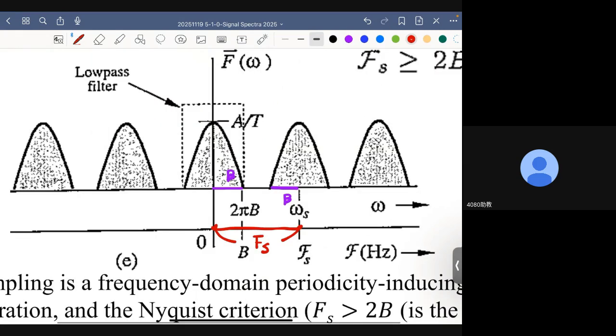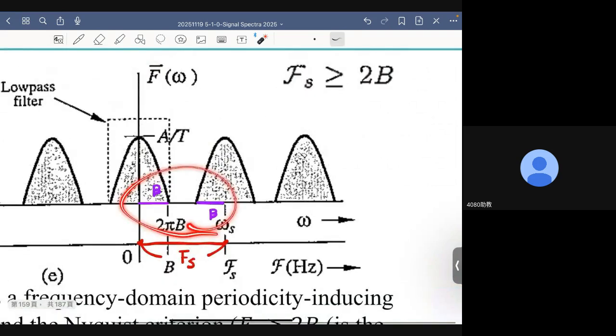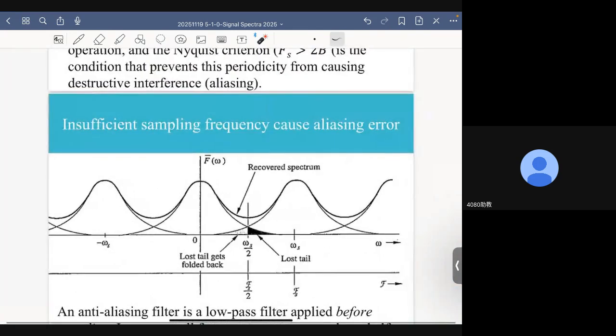Now, in order to prevent this overlap, fs has to be larger than 2B, which is the sum of this line segment and this line segment. So fs has to be larger than 2B in order to prevent such an overlapping phenomenon.